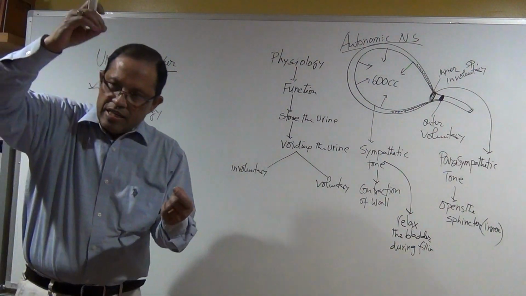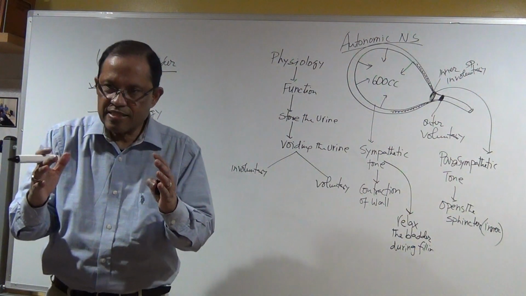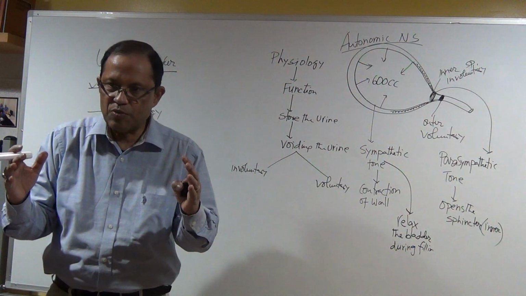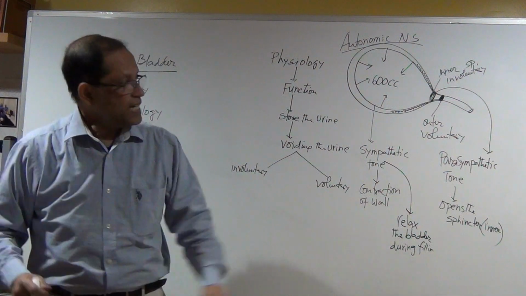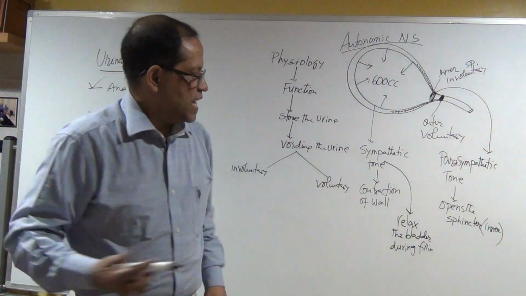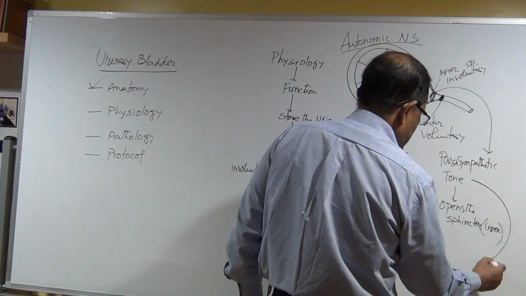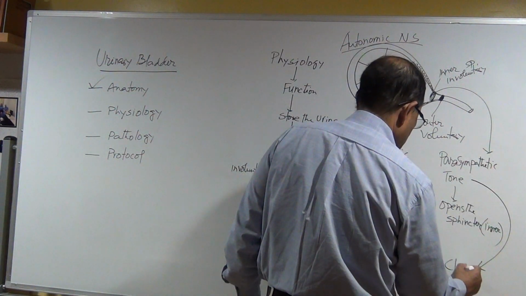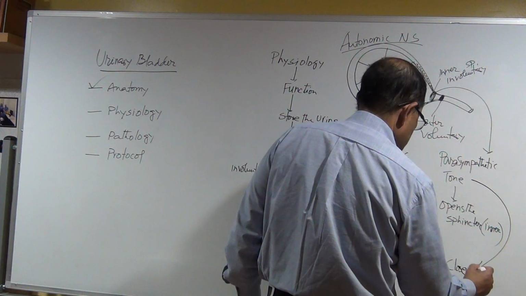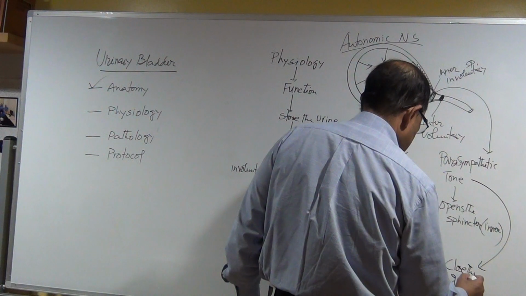That means urine is coming into the bladder and the bladder is getting relaxed, is giving the accommodation. At that time, the gate should be open or close? Close. Close. So that time, the parasympathetic will close the gate.